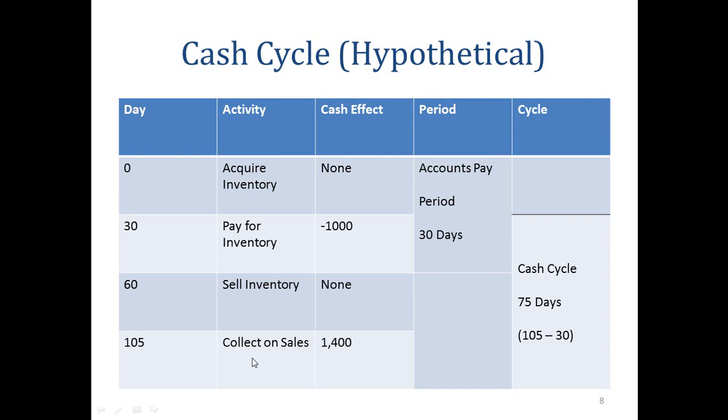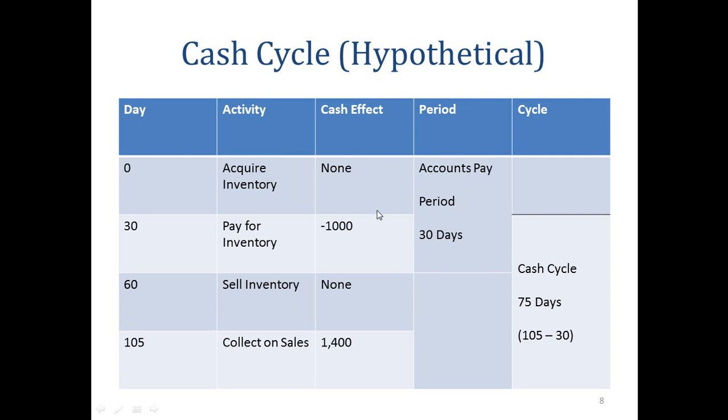Then on day 105, I'm able to collect on those sales, so 45 days later, I collect. So I acquire, I pay, I sell, and I collect. That whole time frame is 105 days.